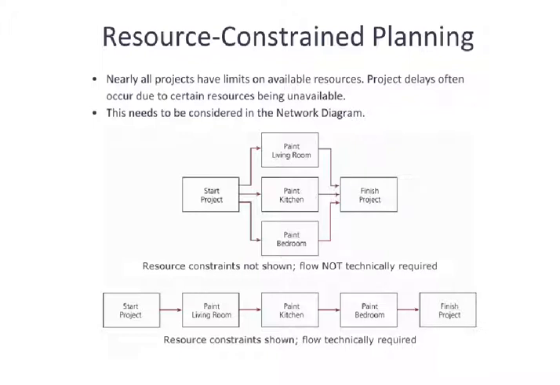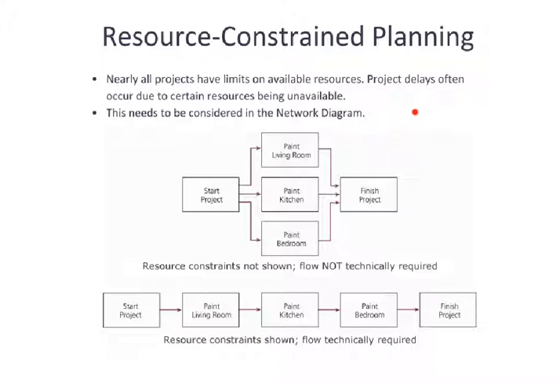However, that may not be correct. We may have limitations on painting equipment. We may have limitations on trained personnel capable of performing those painting tasks. If those constraints exist, it is our responsibility as the project manager to include that in the design of the network diagram.